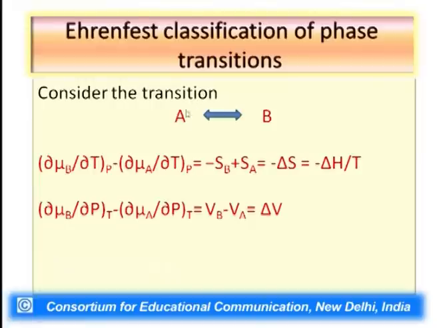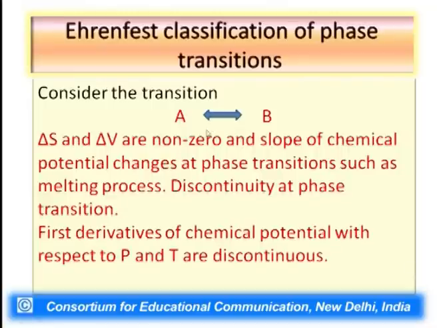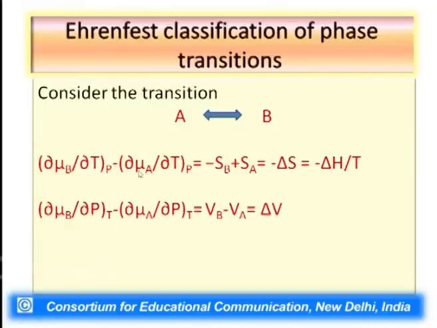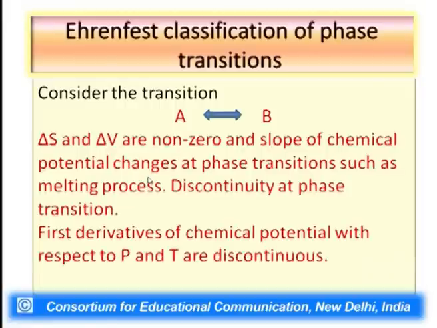But what about the first derivative of chemical potential with respect to temperature? Let us have a look at this. If we consider again the transition of a substance from phase A to phase B, then we would like to see the difference between the rate of change of chemical potential with temperature at constant pressure for both the phases.